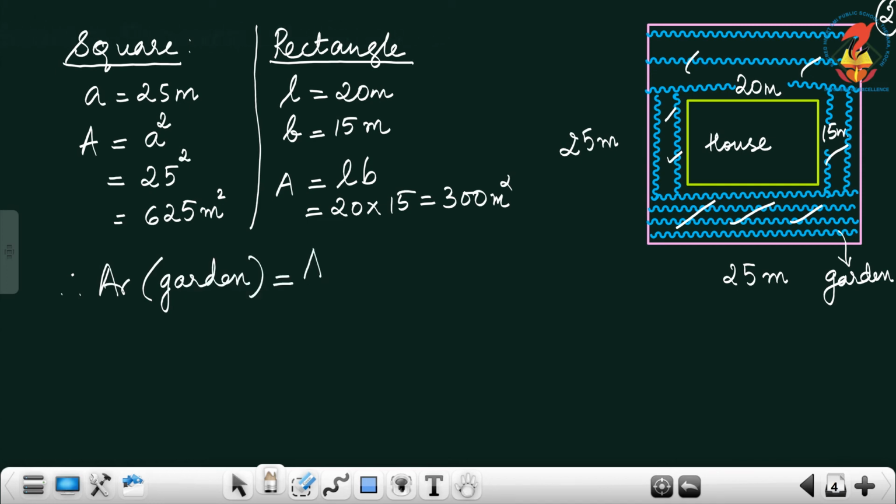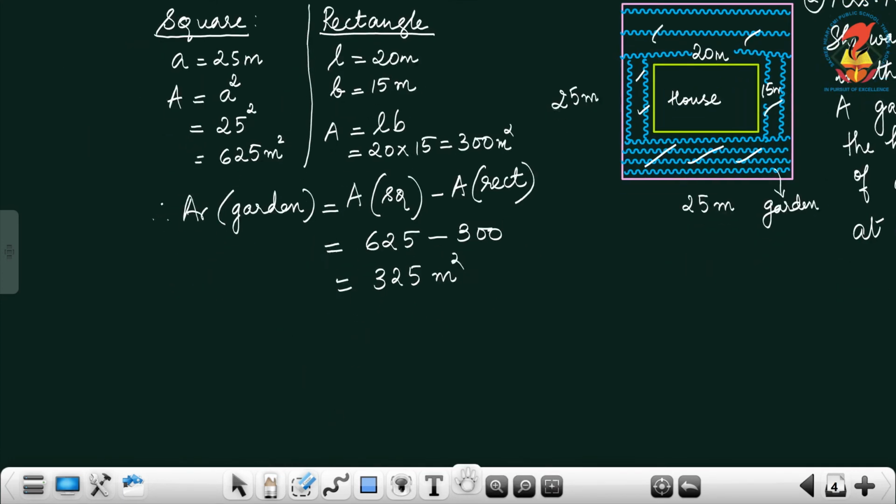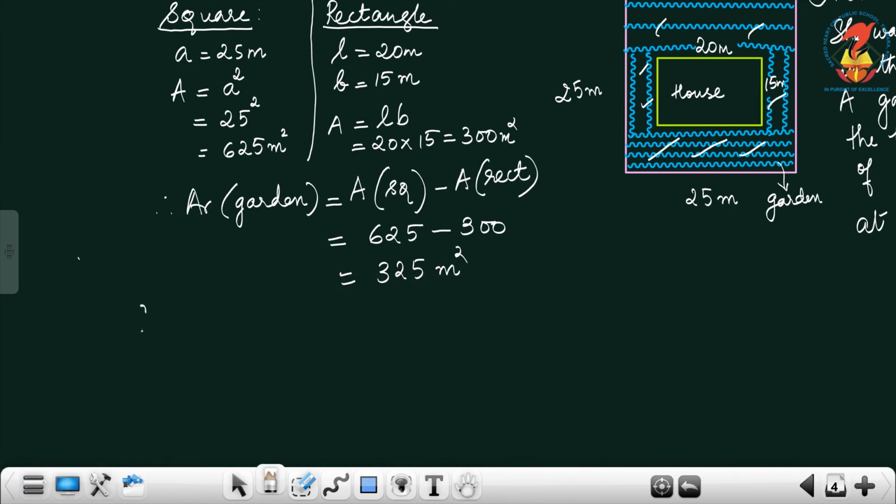Therefore, area of the garden equals, what will be area of the garden? Area of the square plot minus area of the rectangular house. 625 minus 300, which is equal to 325 meters square. So, how much area does the garden cover? 325 meters square. Then, what else is given? Cost for 1 meter square of the garden is rupees 55.